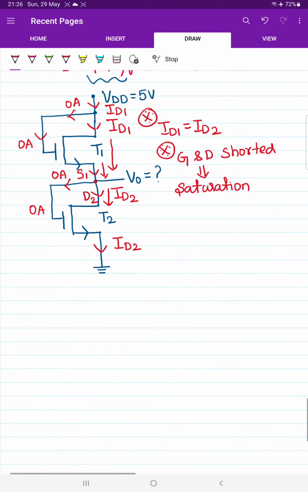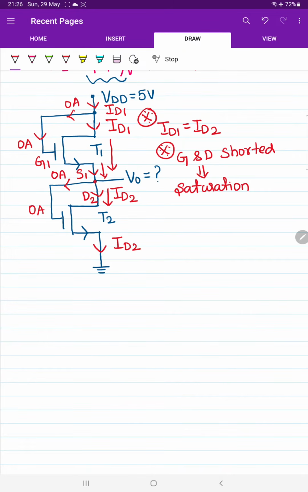Now if you observe, they have given two transistors. In the first transistor, the gate terminal and drain terminal are both shorted together. Yes sir. Similarly, the gate terminal and drain terminal of the second transistor are shorted together. So the conclusion is that both transistors are going to operate in the saturation region. That is the next conclusion.